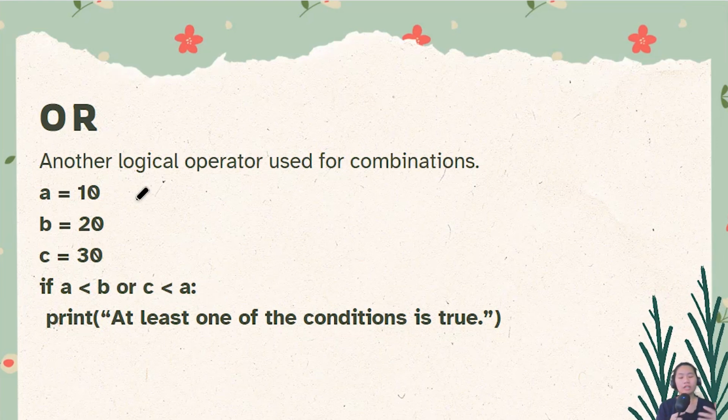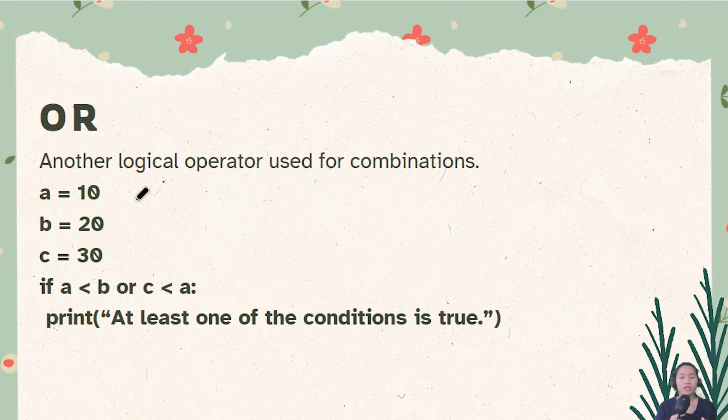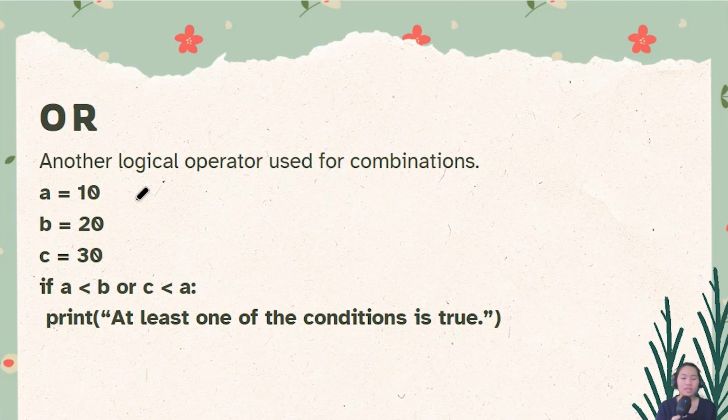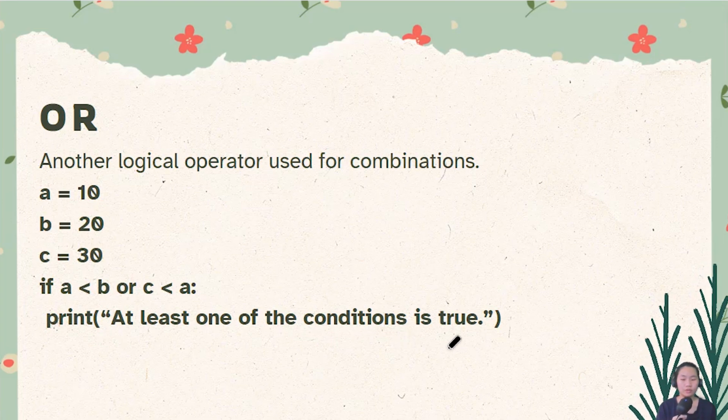So next up, another logical operator, just like and, we have or. So for and, both conditions must be true. However, with or, only one needs to be true, okay? Only one is good enough. So I have the same a, b, and c here. If a is less than b or c is less than a, print at least one condition is true, okay?